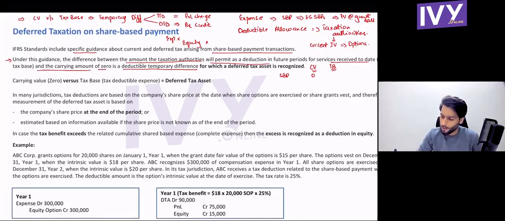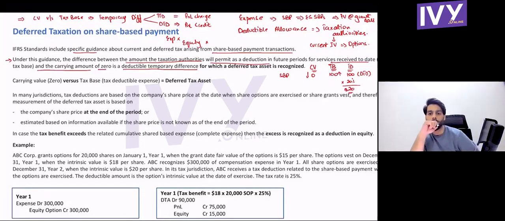For example, we will receive a tax benefit of 100. This will mean there is a temporary difference of 100, and hence, since carrying value is less than your tax base, this will be a case of deductible temporary difference. If you multiply it by the tax rate, you will get a $20 deferred tax asset.